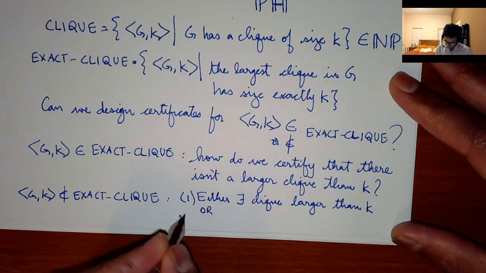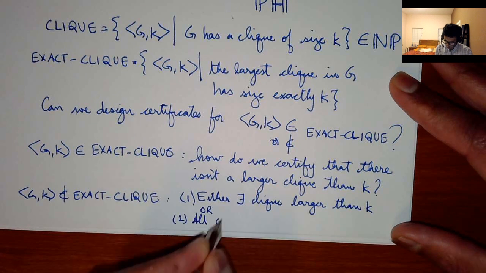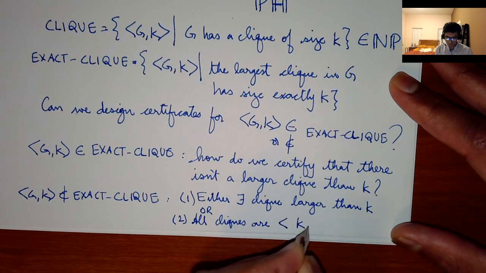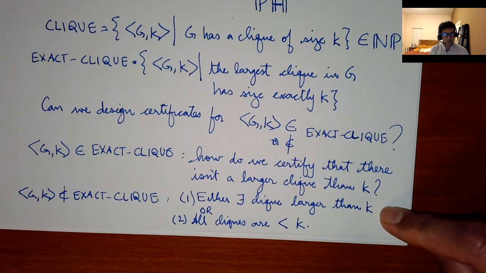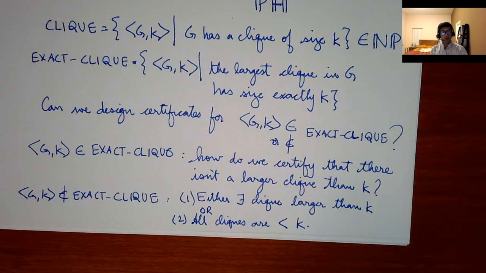Or all cliques are smaller than K. Do you see that when it's not in the language, there could be two reasons? Either there is a larger clique, the first part seems like NP. Or all cliques are smaller than K, the second part seems like co-NP. So it's almost like a mix of both of these.